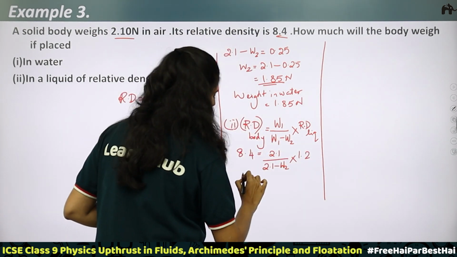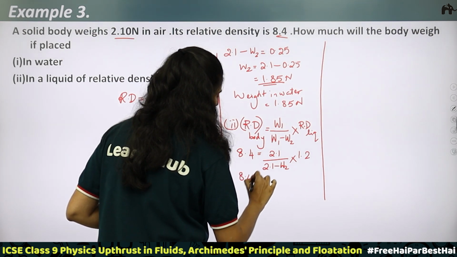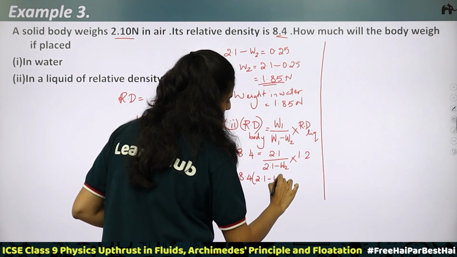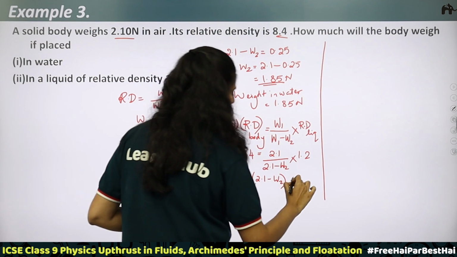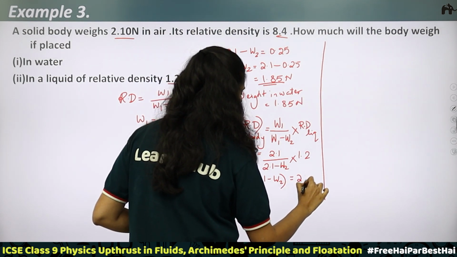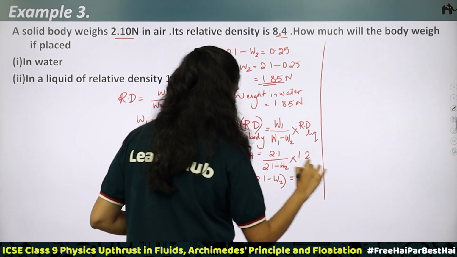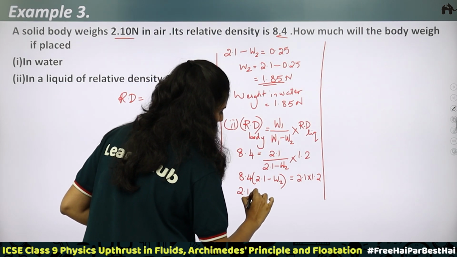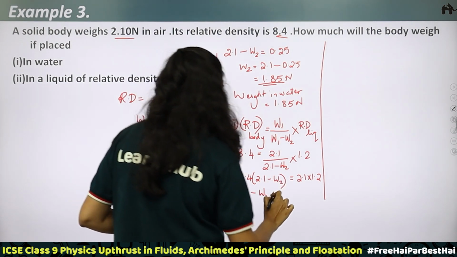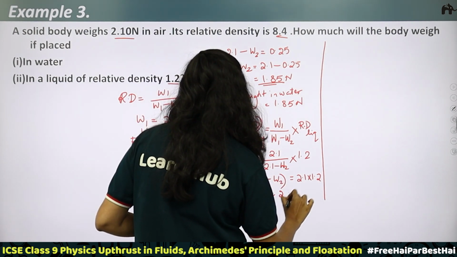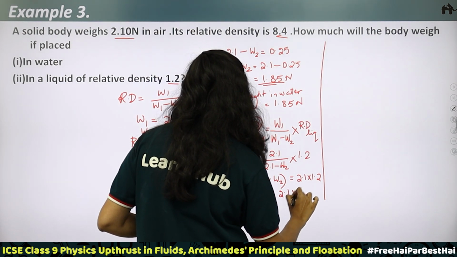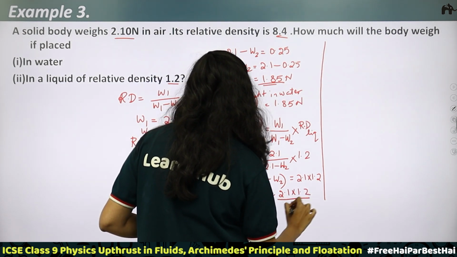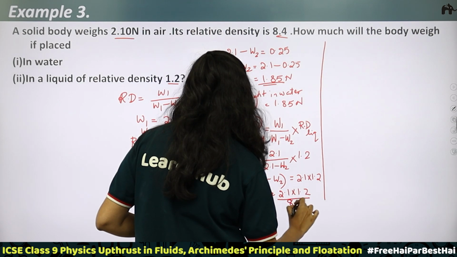So this is 8.4 into (2.1 minus W2) is equal to 2.1 into 1.2, or 2.1 minus W2 is equal to 2.1 into 1.2 divided by 8.4.